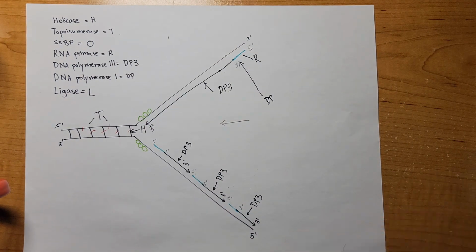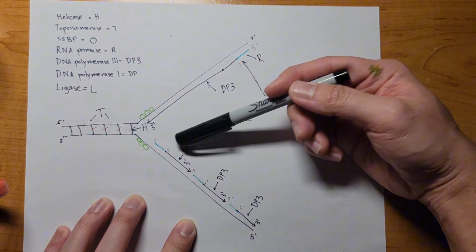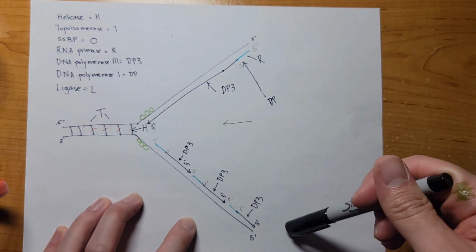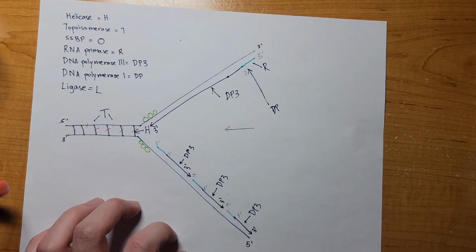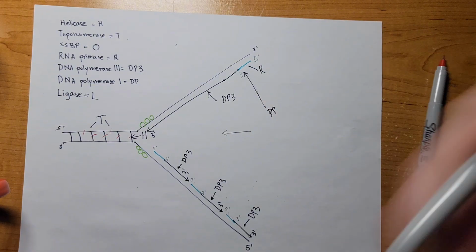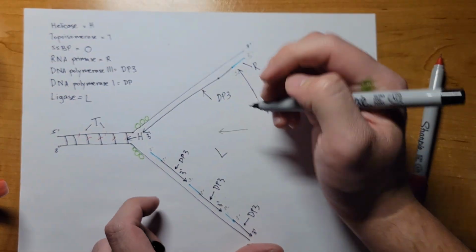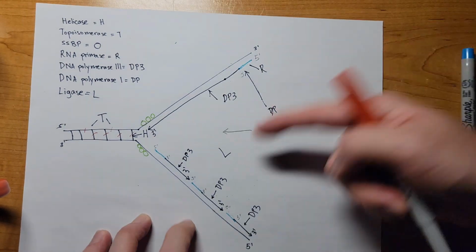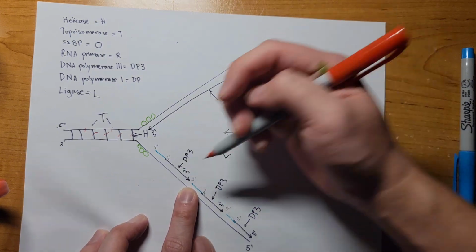If we apply it to this diagram, these are Okazaki fragments, right? You see how it's not continuous, unlike this one. This is a leading strand, this is your lagging strand, and it's composed of Okazaki fragments. Basically, ligase will come in. I'm going to make this L, and it will fix the phosphate backbones between 5' to 3'.